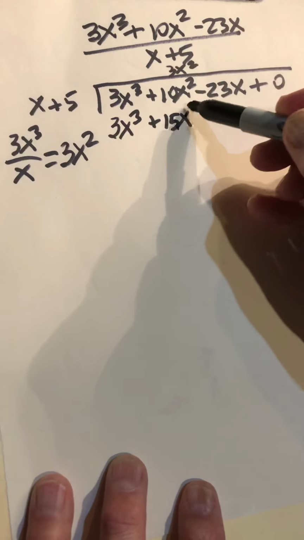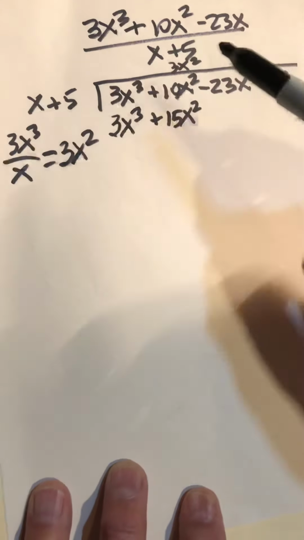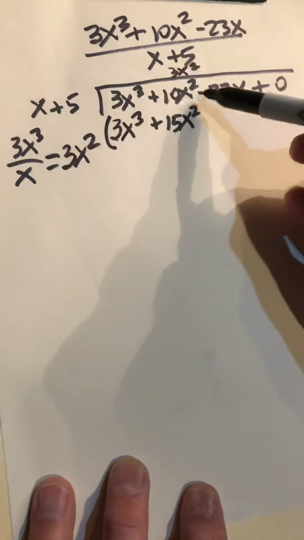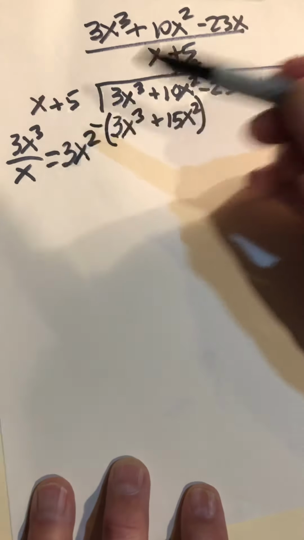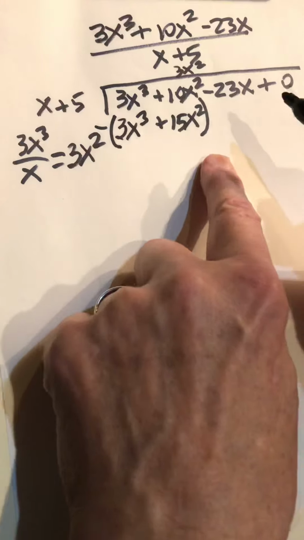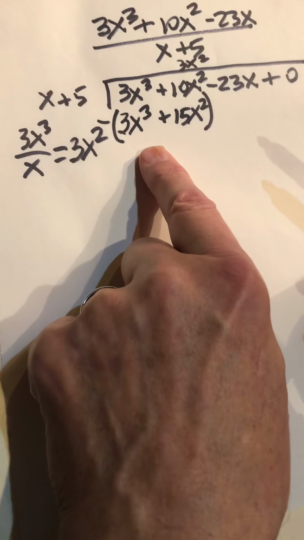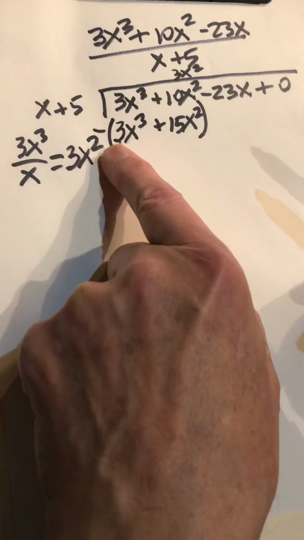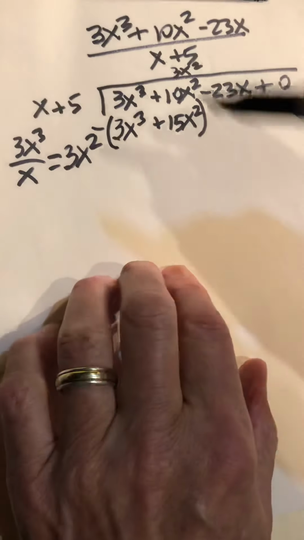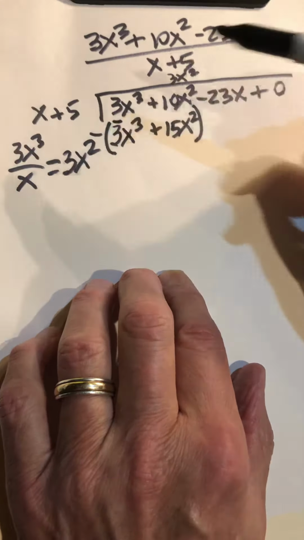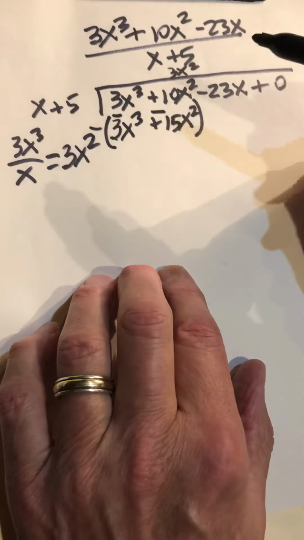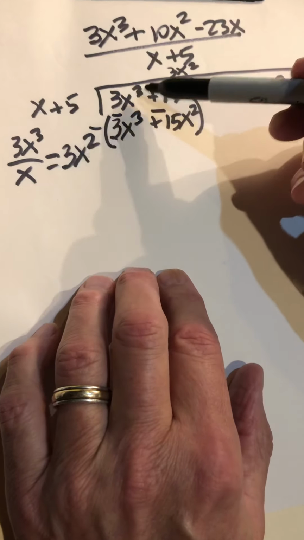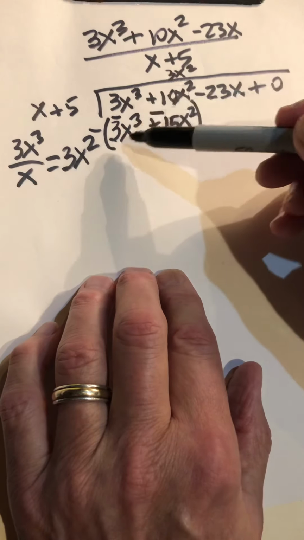Got it? What did we do after we multiplied? We then would subtract this entire thing. So I'm going to put the parentheses around here. Now this becomes more important than when you're doing it just with numbers, because you're subtracting both of these terms. So this now becomes a minus, and this becomes a minus. Do you see 3x cubed minus 3x cubed is 0?